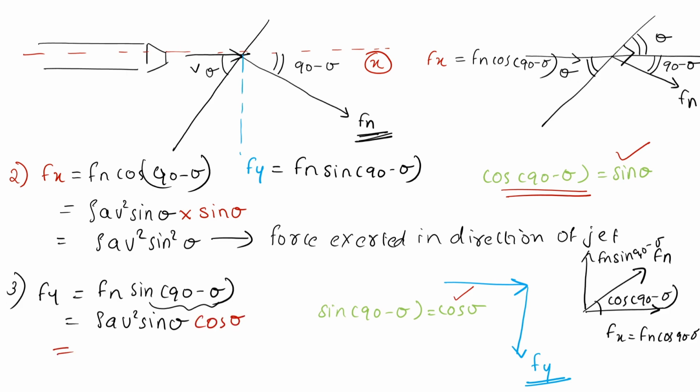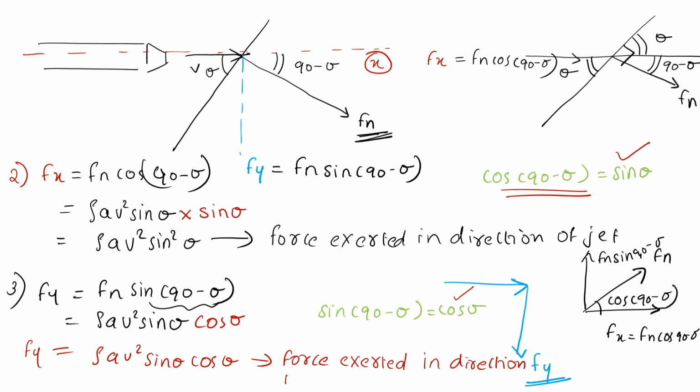So I can rewrite the equation as Fy equals rho a v square sin theta cos theta. This is the force exerted in the direction perpendicular to the jet.